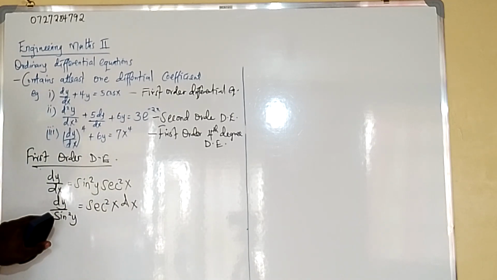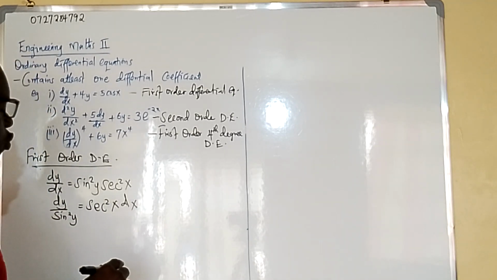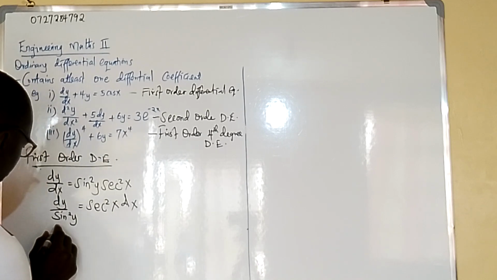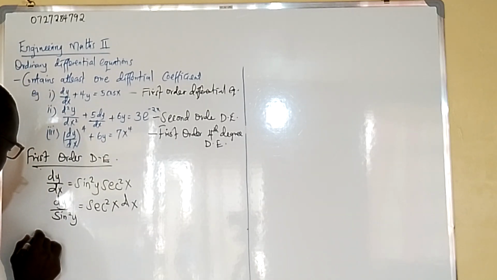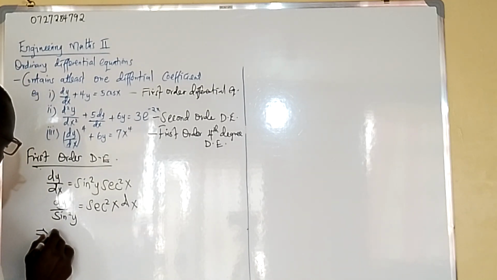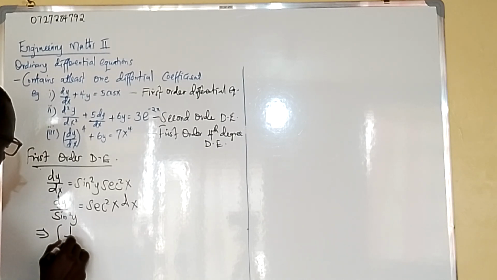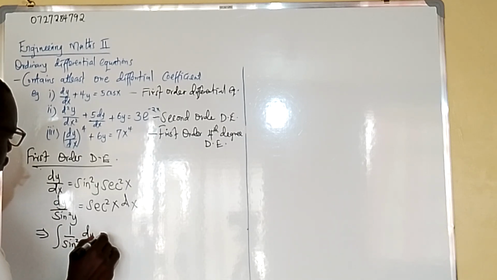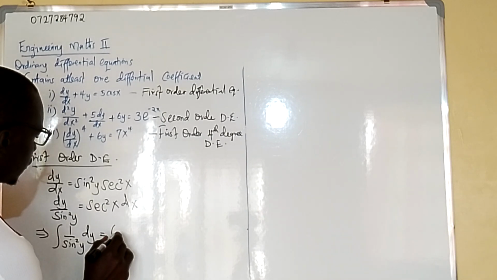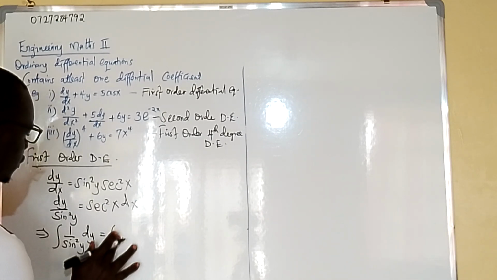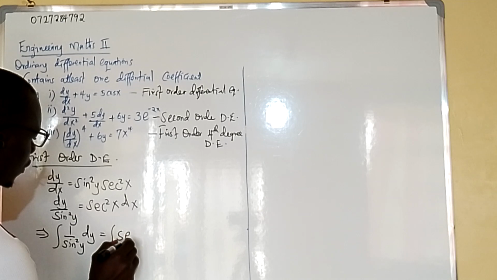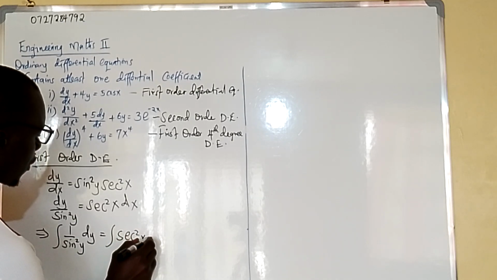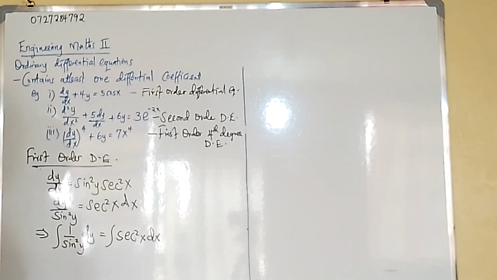So to simplify this further, we are going to integrate. This implies integration of 1 over sine squared of y with respect to y is equal to integration of sec squared of x dx. Now, up to here, I hope we are together.